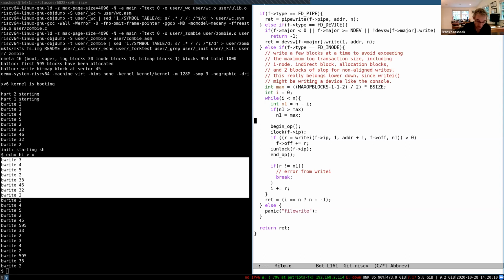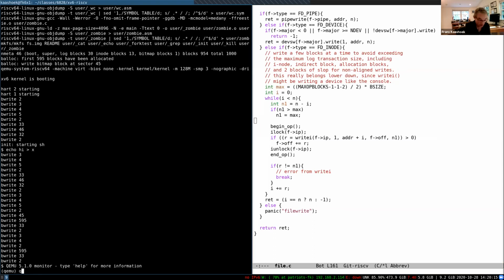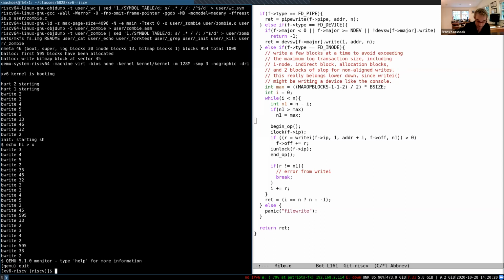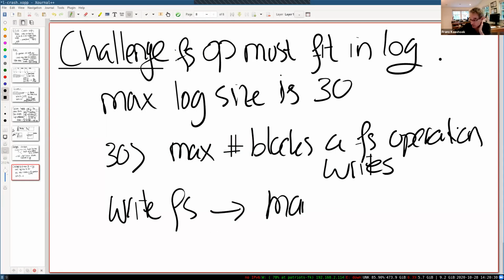So the write is just split into many smaller writes, or many transactions. In fact, that's the main point: write splits into many transactions.